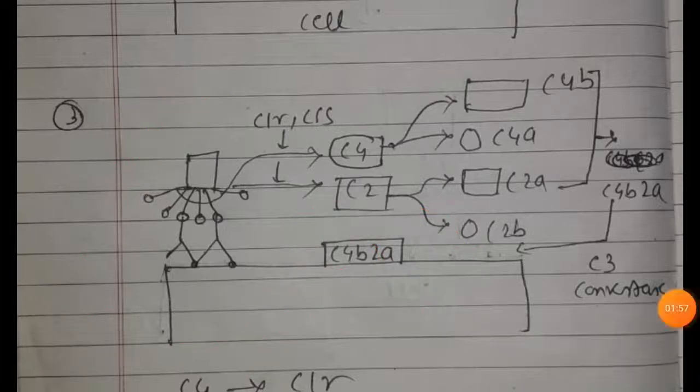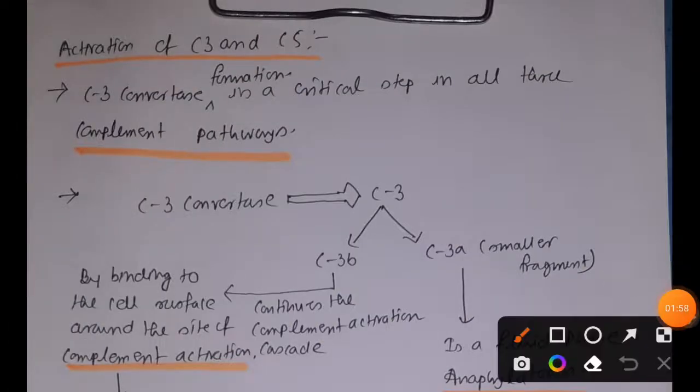The composition that we formed in our previous videos is called C3 convertase. That means it has the ability to convert C3, right? So it will cleave C3 into two components, and that is how it activates C3. Remember, the C3 complement component is activated by C3 convertase.